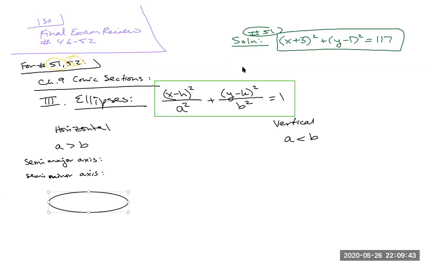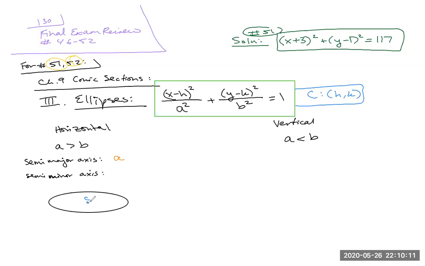Essentially your center is still going to be at (h, k). So there's your center. Now, if you have a horizontal ellipse, that means that A is going to be your semi-major axis.